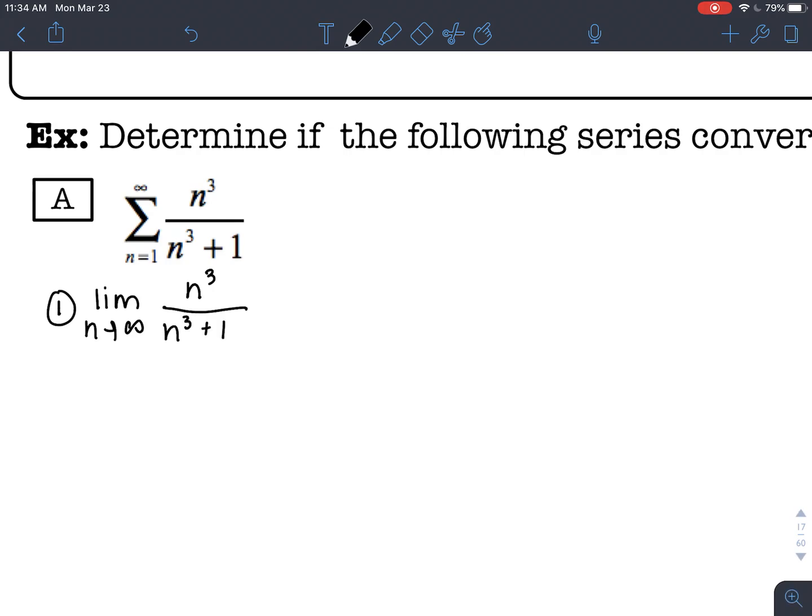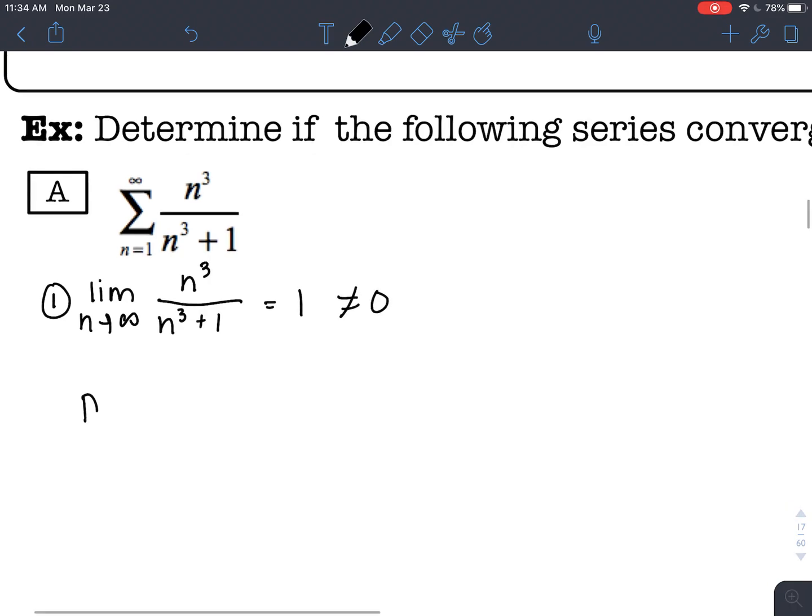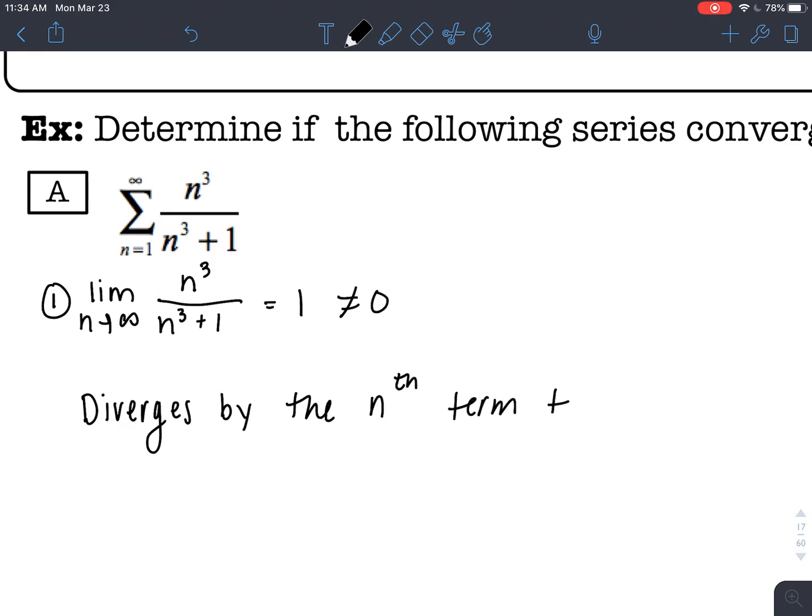So we always want to take the limit as n goes to infinity of the sequence that's on the inside. Here I have a rational function that has equal degrees in the numerator and denominator, so my limit is going to be 1, and that does not equal 0. So this is actually going to diverge by the nth term test.